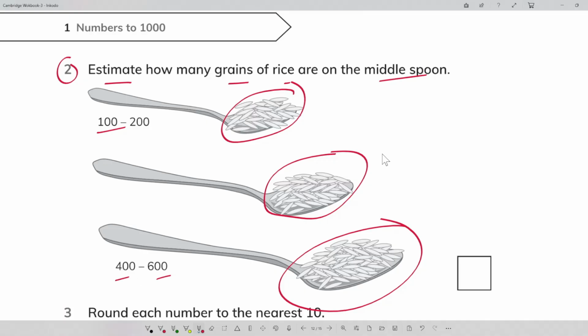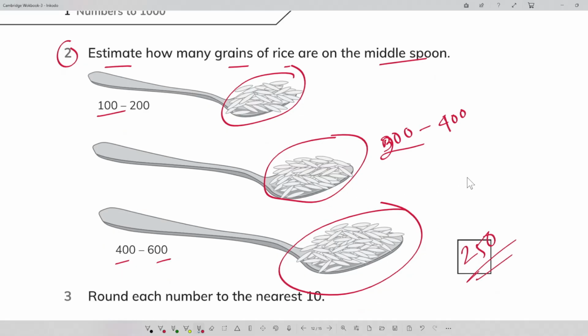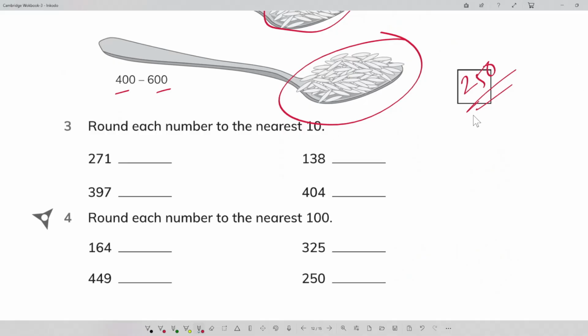So let's think here is around 300 to almost 400, right? Or we can say 200 to 400. So let's say here is 250 grains of rice. Okay, so just estimate.